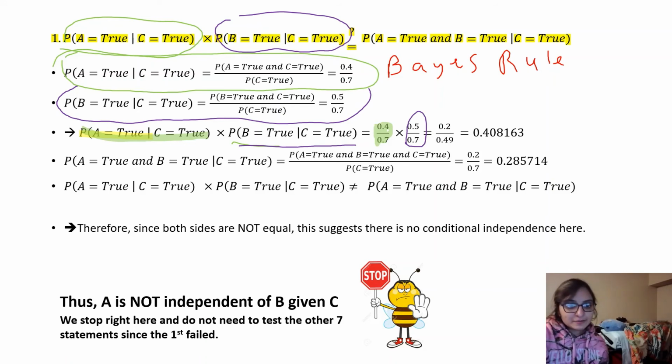Then we start multiplying them. So this 0.4 over 0.7 and this 0.5 over 0.7, we're figuring out what the left hand side is, and that is 0.2 over 0.49, which is approximately 0.408163. So this part right here is the left hand side.